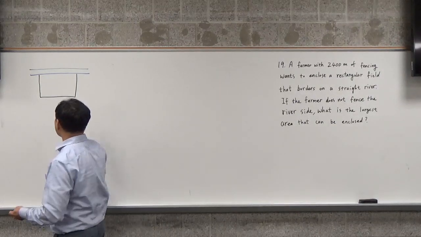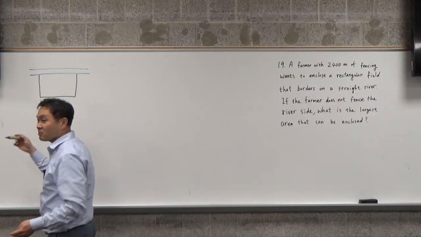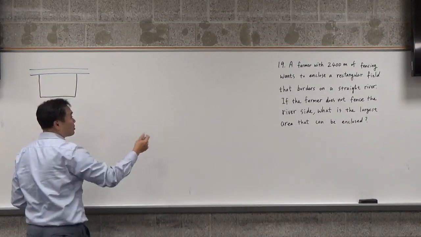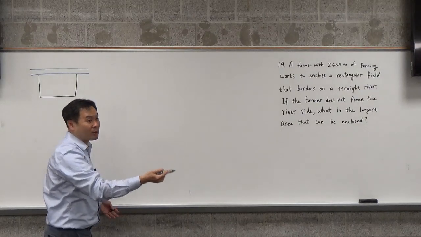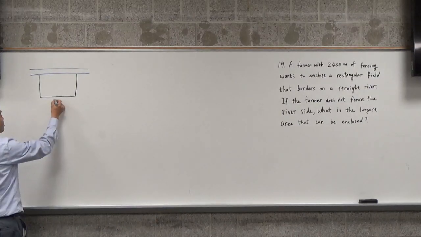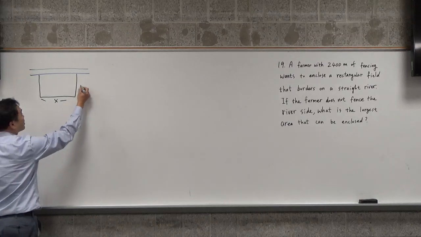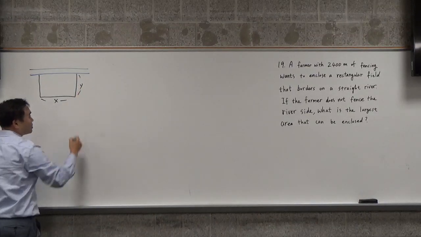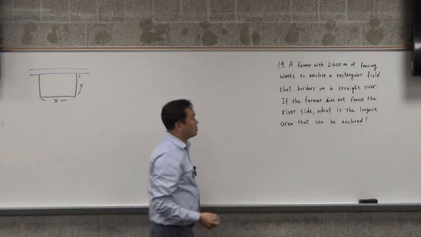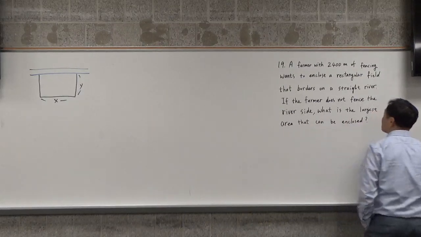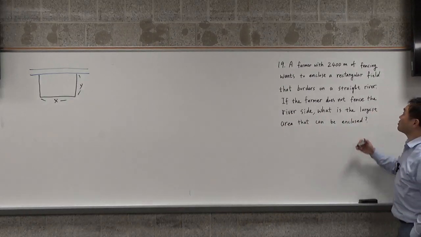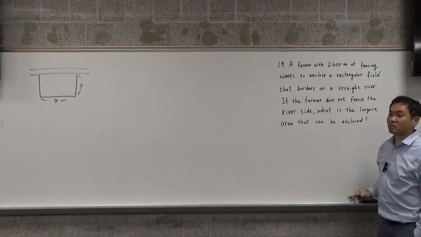You just draw the graph, label the sides, and see what the question is telling us about the sides. So let's call this side x. Let's call this side y. All right. And we see this number 2,400 meters.